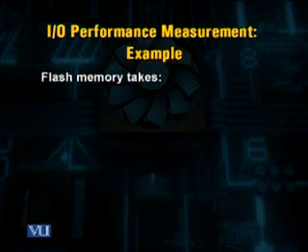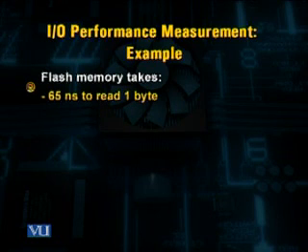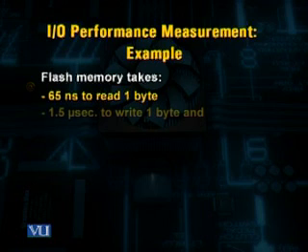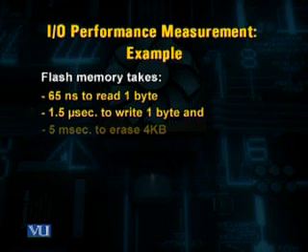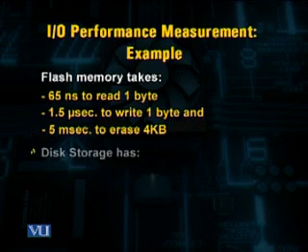Here we can assume that the flash memory takes 65 nanoseconds to read 1 byte, 1.5 microseconds to write 1 byte, and 5 milliseconds to erase 4 kilobytes of information.